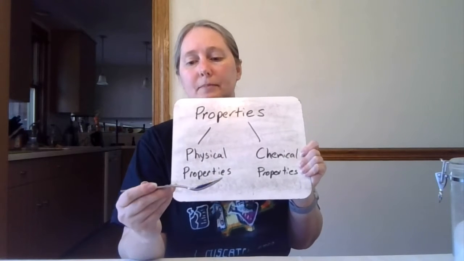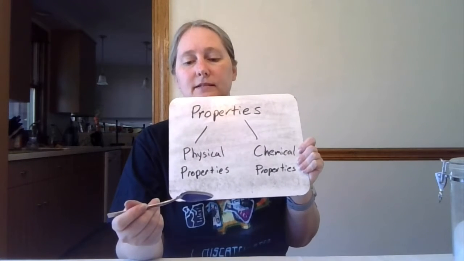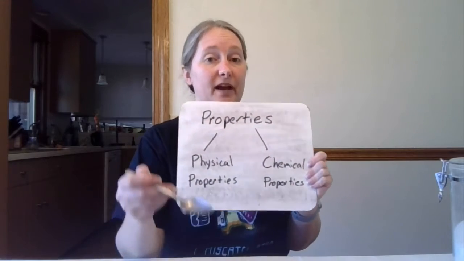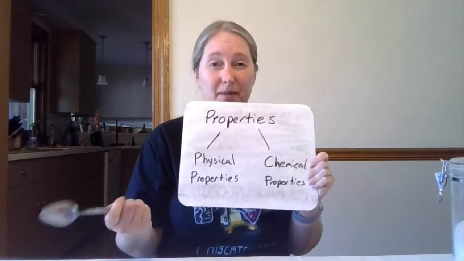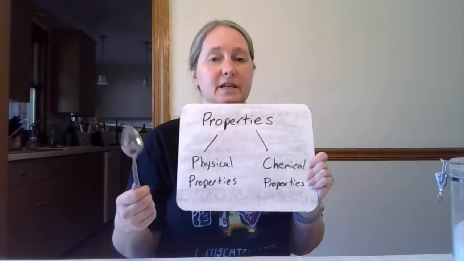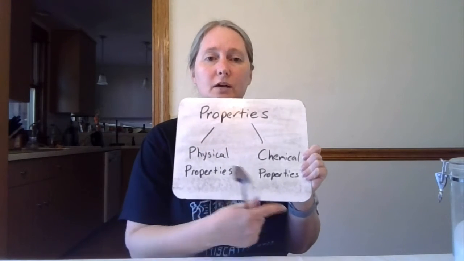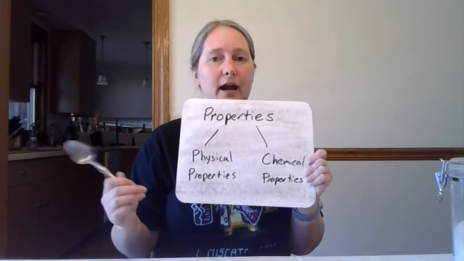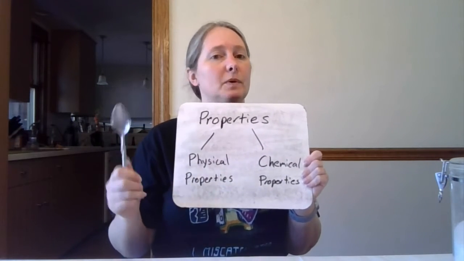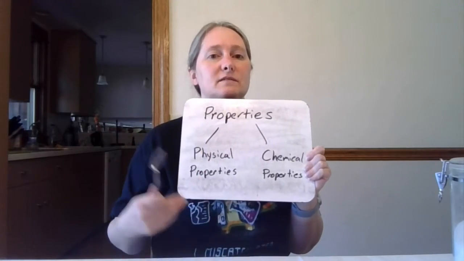Another physical property is that it conducts heat. Like if I were to leave this on the stove and then come back to it later and try and pick it up, it'd probably burn me. Those are physical properties. We'll talk more about chemical properties in the next part of this particular activity, but right now, I just want you to focus on physical properties, okay?